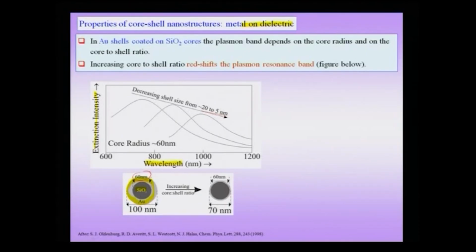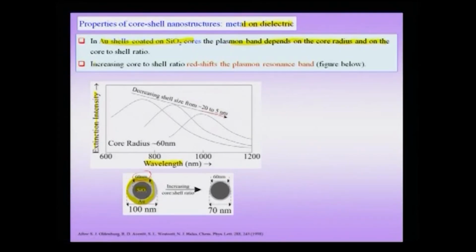And we note that in this case, for the gold on SiO2 cores, the plasmon band shifts on changing the core radius, and this depends obviously on the thickness of the shell, because we are keeping the core radius constant. Increasing the core to shell ratio actually red shifts the plasmon resonance band.